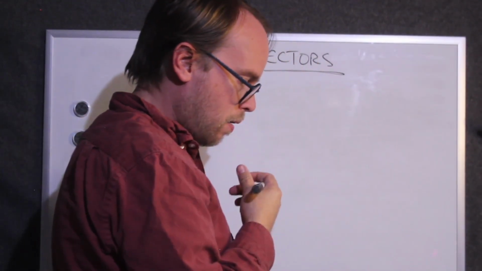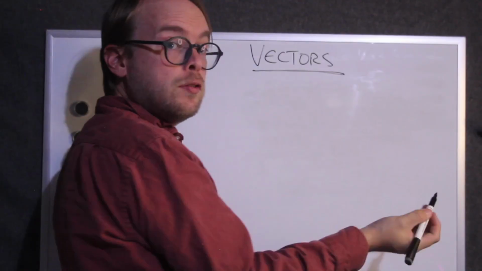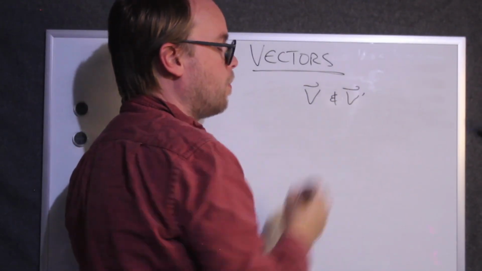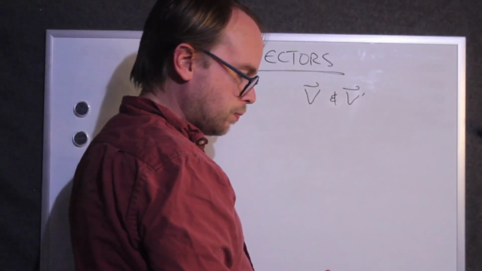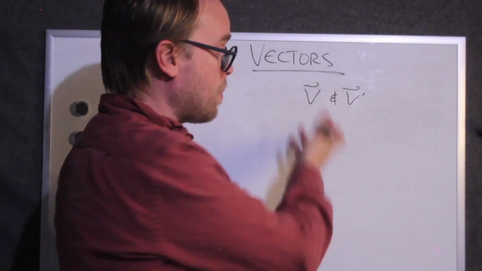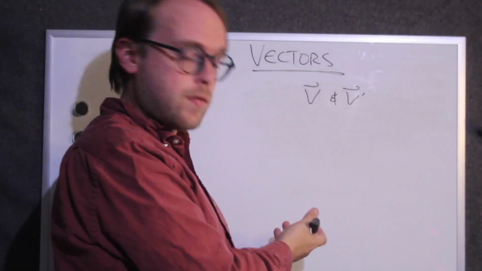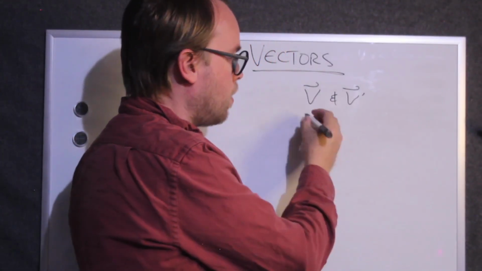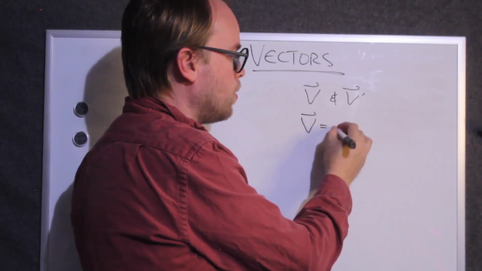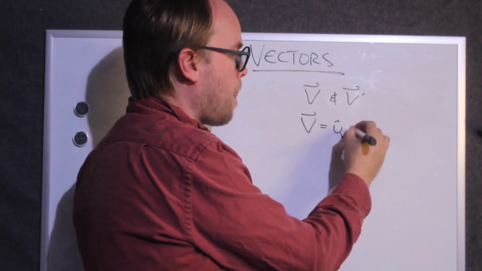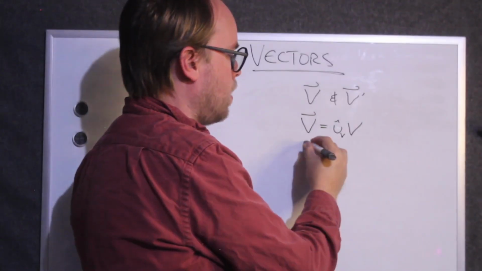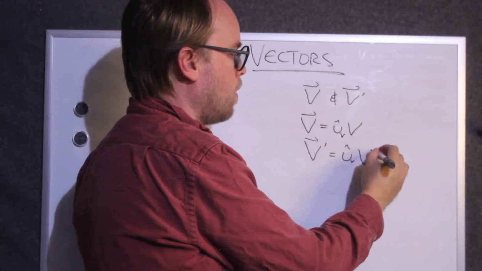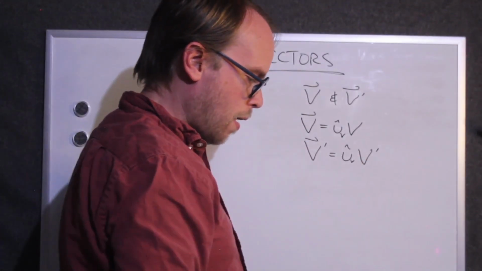All right, next, say we have two vectors, v and v prime, and let's say they're parallel. They may not be the same length; they don't have to be different, but we're going to say they're different. But they're parallel. Then v equals this, and v prime equals this, right?